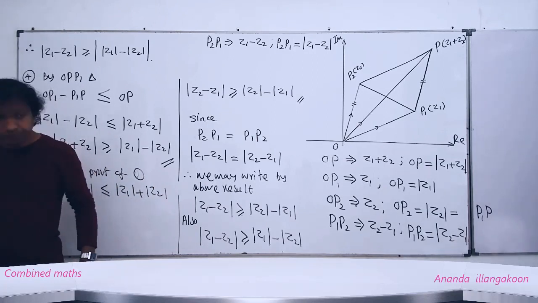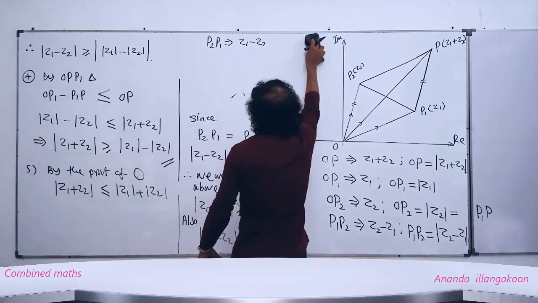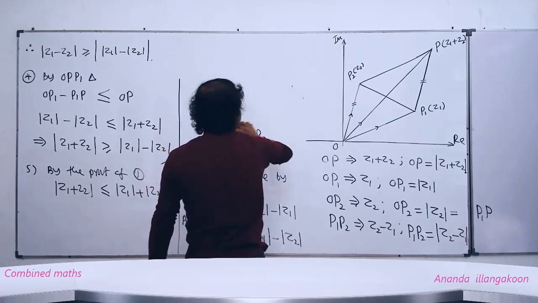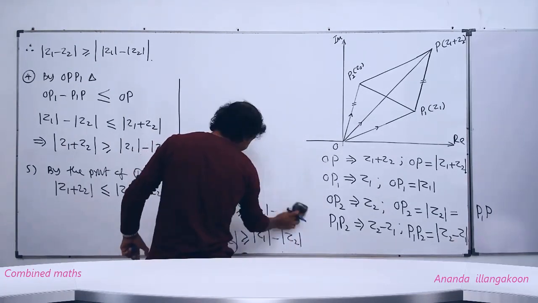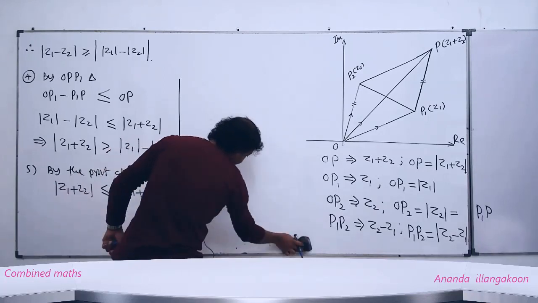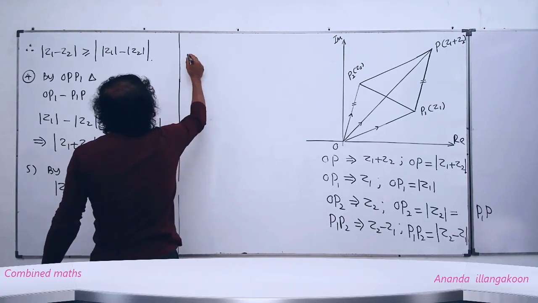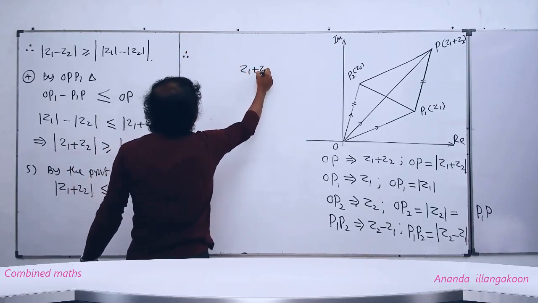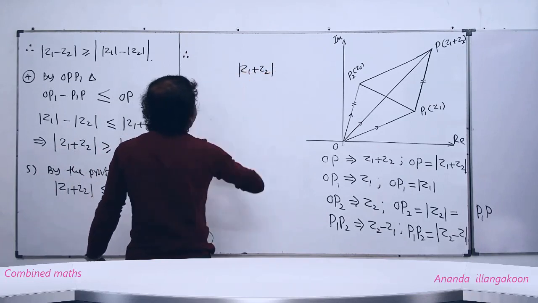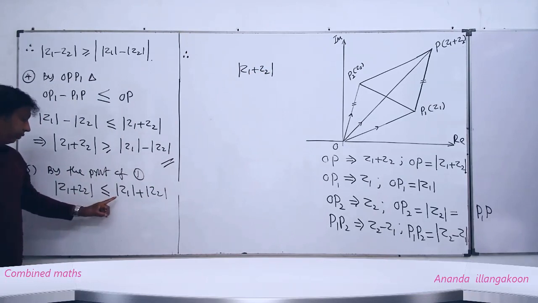Therefore, we can write: |Z1| plus Z2. This one is smaller than this.